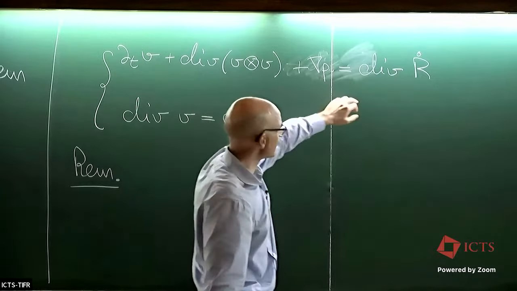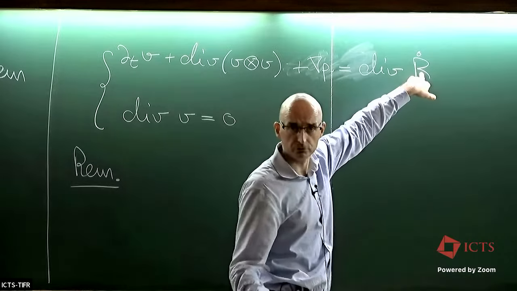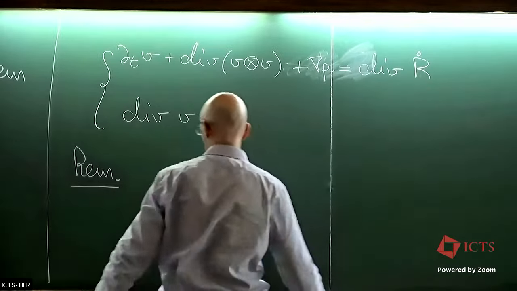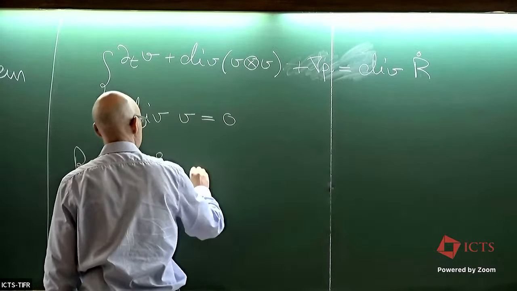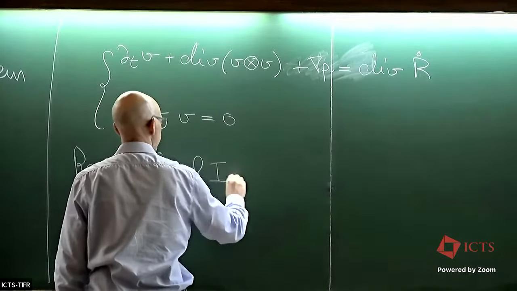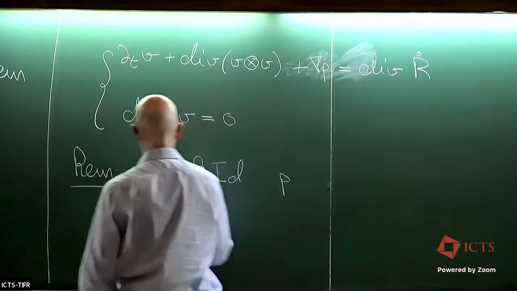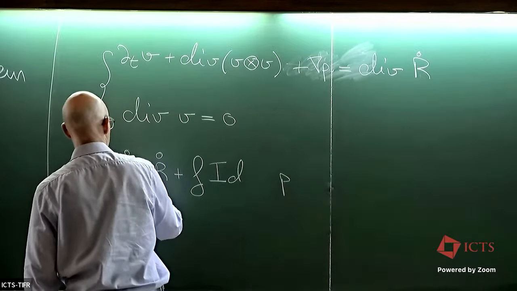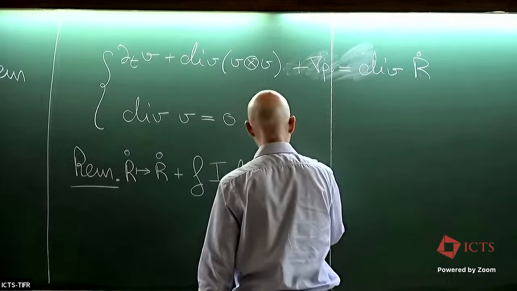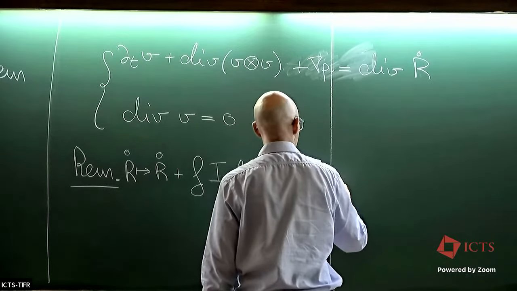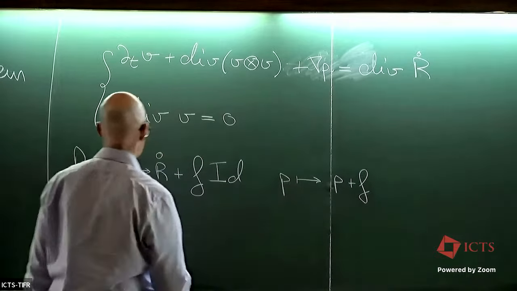So in that sense, it stands to reason that I want to consider things which are trace-free. If I map R circle into R circle plus a function f times the identity, and P to P plus the function f, I'm still a solution.